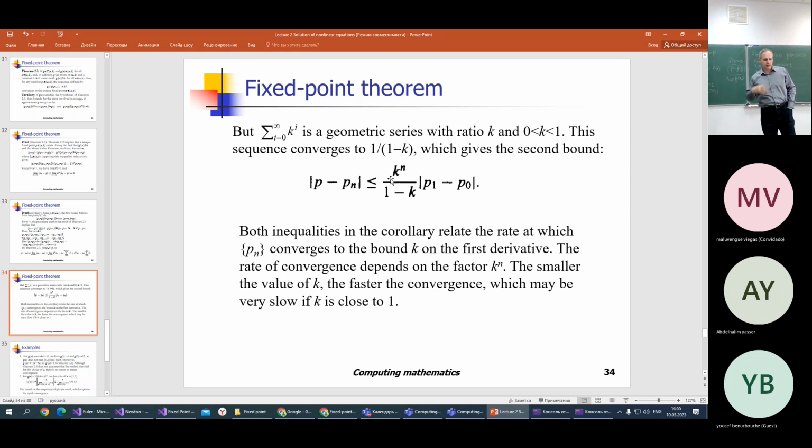This term becomes smaller, smaller, and smaller at every step of the method. And the convergence will be fast.